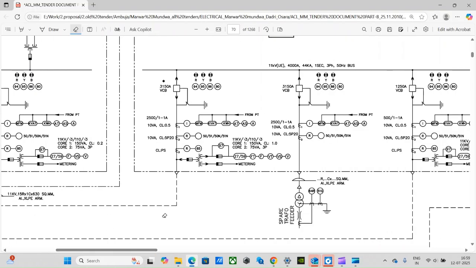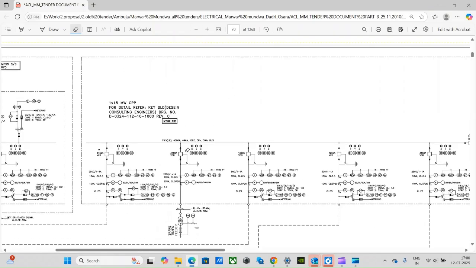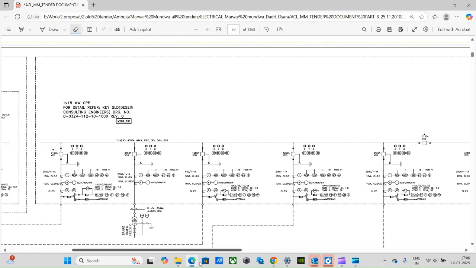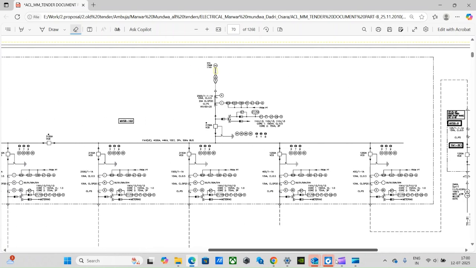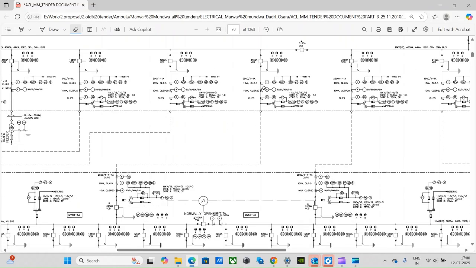Now this tie feeder is feeding this switchboard MBSB 101. This MBSB 101 is a very large HT board, and after that there is further distribution.